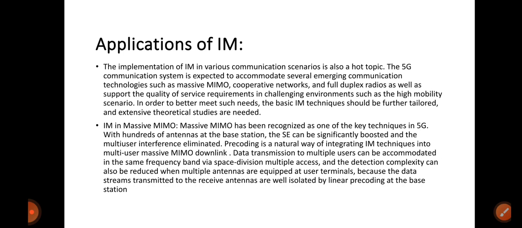Data transmissions of multiple users can be accommodated in the same frequency band via space division multiple access, and the detection complexity can be reduced as the streams transmitted to the receive antennas are well isolated by linear precoding at the base station.